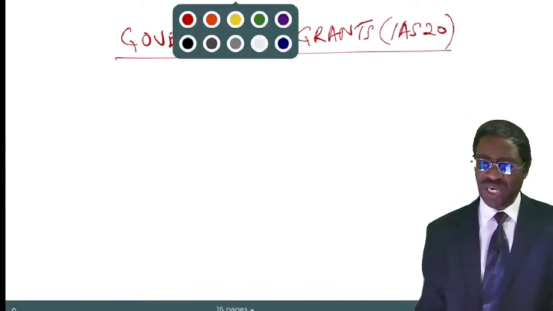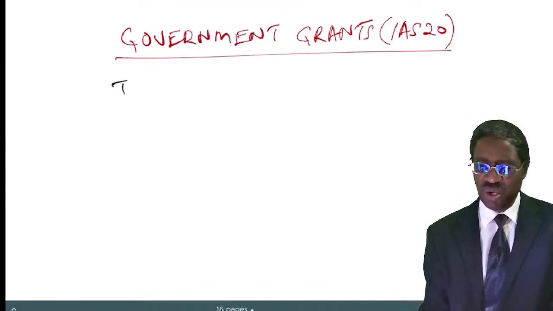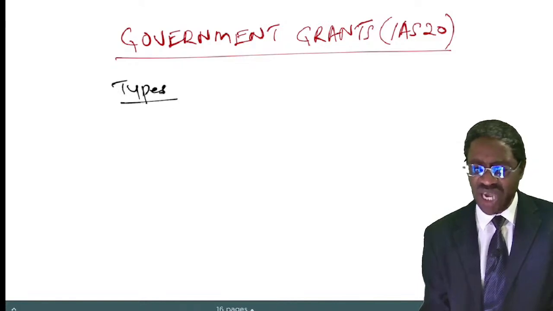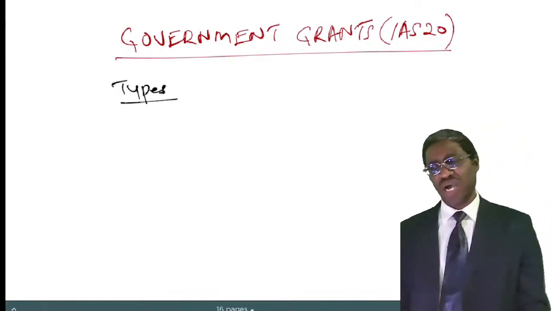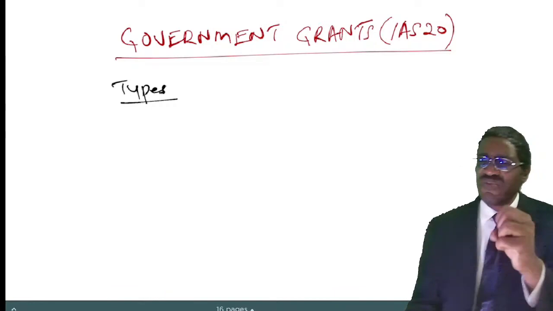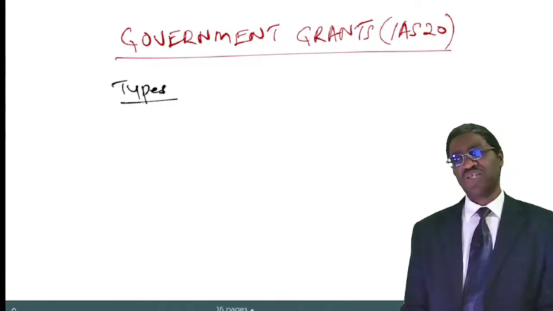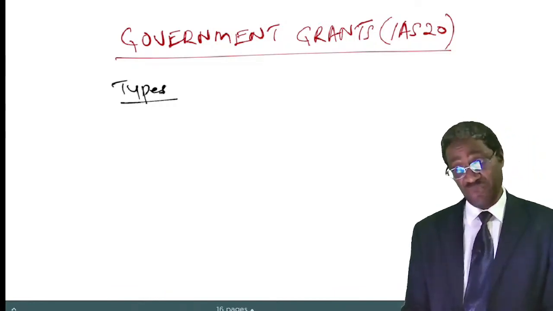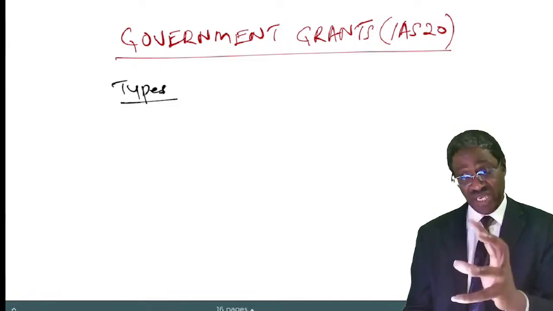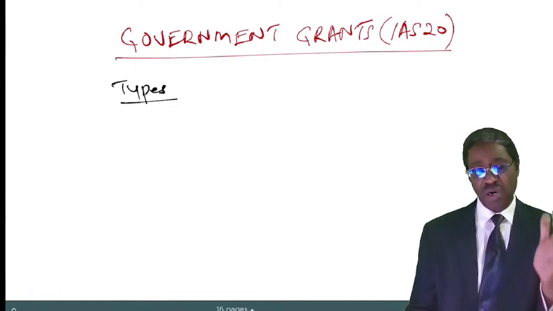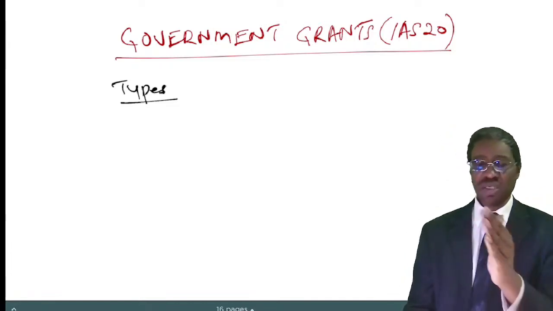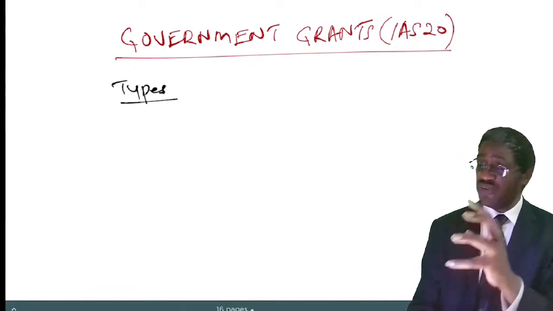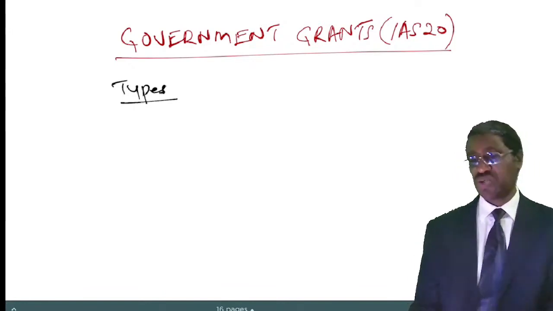Once we know what government grants are, we need to know the various types of grants that you, as a business, can receive from the government. It is assistance by the government in the form of transfer of resources.